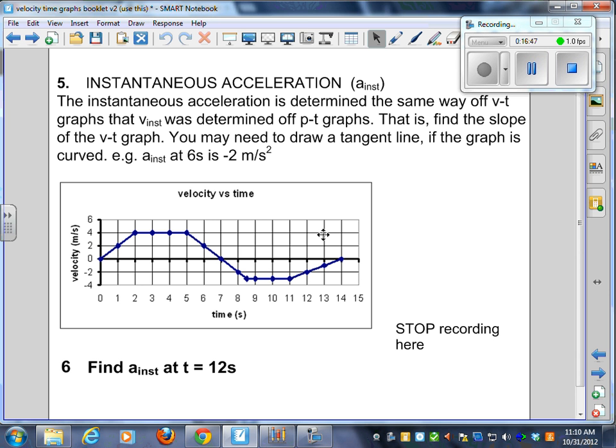The instantaneous acceleration at 6 seconds is -2. How did I get -2? I find the slope of that line. The slope of that line is -2. So my question to you is, what is the instantaneous acceleration at 12 seconds? How are you going to do it? You're going to have to find the slope.